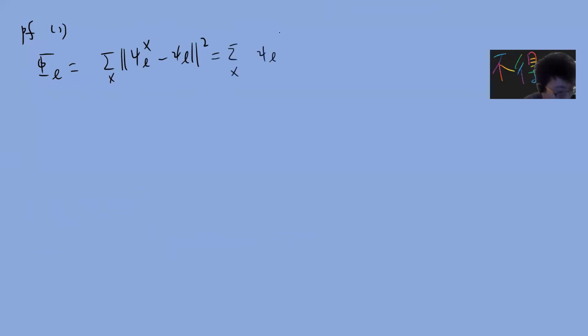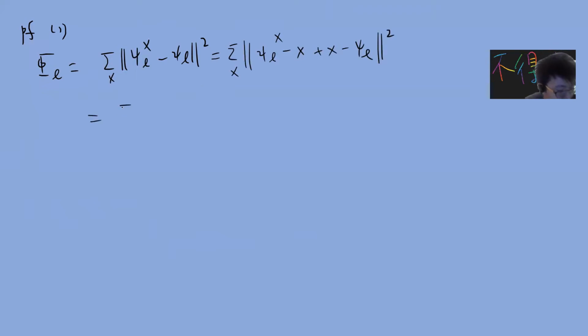Okay, so proof. Let me just prove one. So proof one is simple. So let's write phi L to be the summation of x, phi L x minus phi L squared. And then you can simply show this. It's just basically the summation of x, phi L x minus x plus x minus psi L squared.